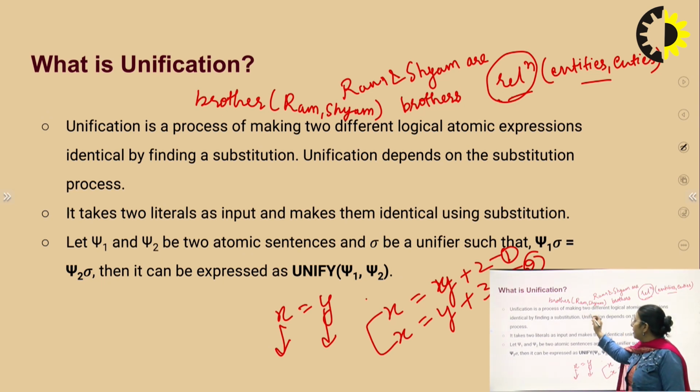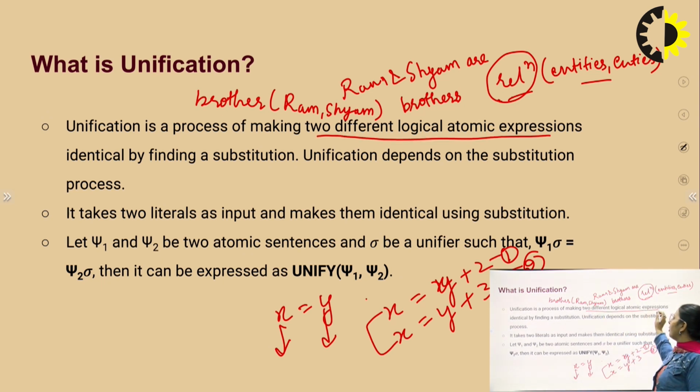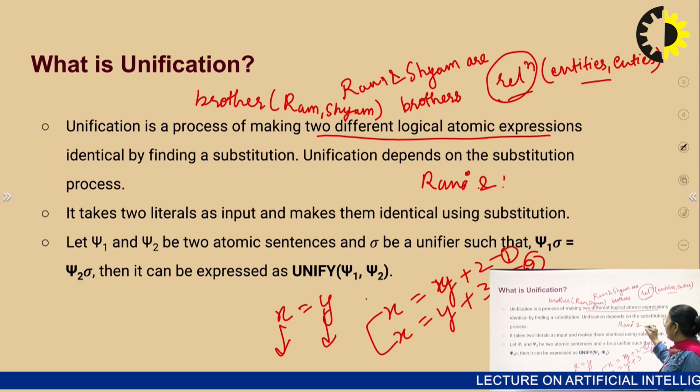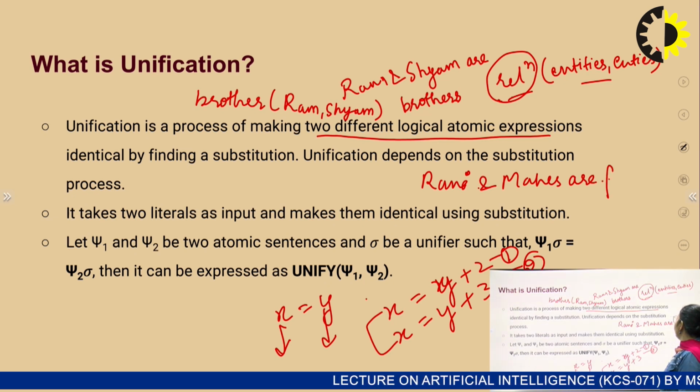So here the term is two different logical atomic sentences, or expressions. What does this mean? Logical atomic expressions means totally different sentences or expressions. Here we can take an example like Rani and Mahesh are friends.